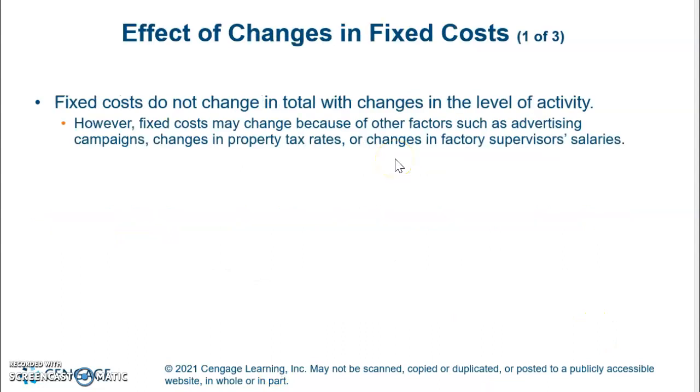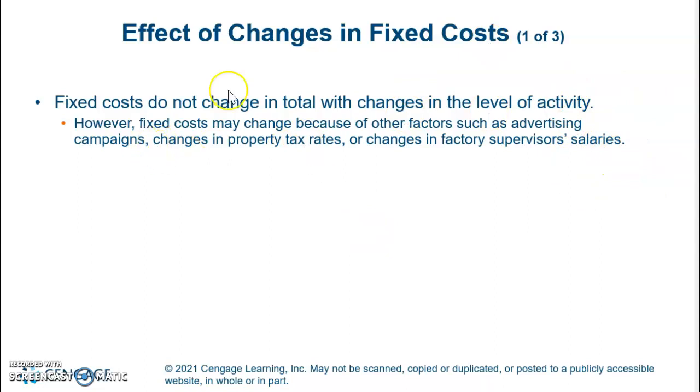So we learned that fixed costs don't change within a relevant range, but they can change because of other factors. So maybe advertising campaigns, changes in property taxes, or changes in factory supervisor salary.